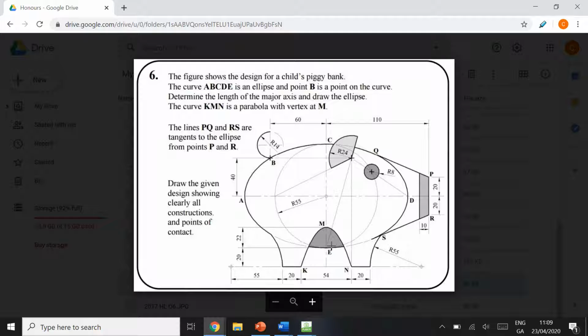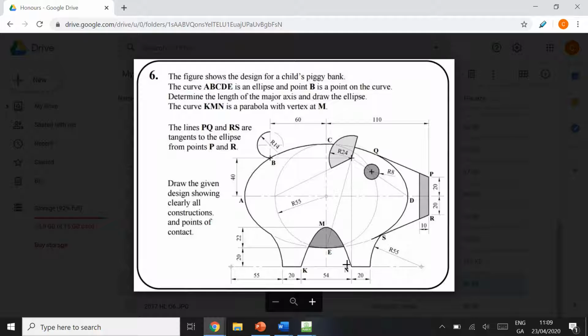So we're going to measure down from the minor circle 20 mil, it's given over here, and we're going to draw a horizontal line from the center line here. We're going to measure across 27 and across to the left 27, because the overall width is 54. 54 divided by 2 is going to give us 27, and that's going to find us point K and point N. To find point M, then we're going to go to the center line and measure up 44.